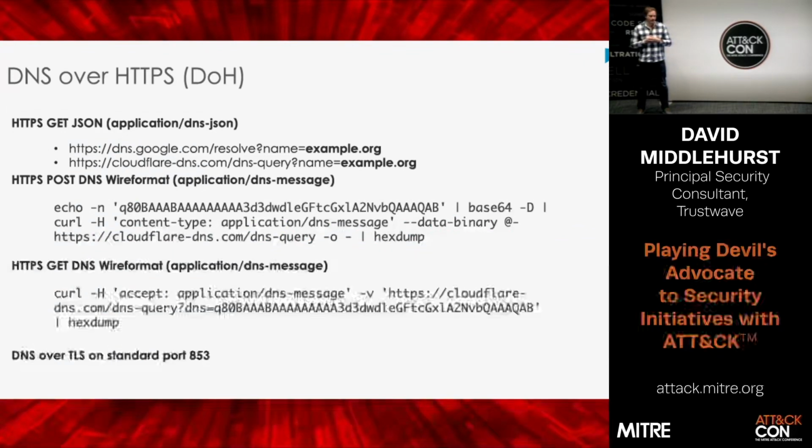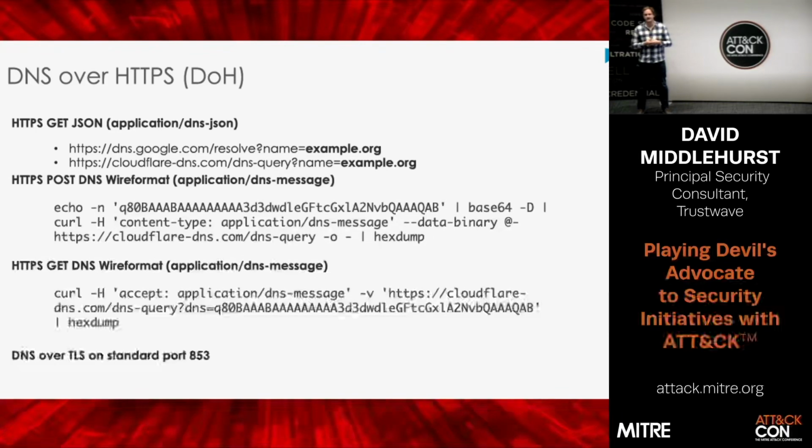So, okay, we want to transmit data via these mechanisms. What we need to do is understand how they work a little bit. So this is where I go a little bit more technical. There are different ways in which you can call them, but the most popular one in the standard is the one at the top, which is basically you make an HTTPS GET request with a parameter of your lookup name, and then that will go and get the DNS record that you've asked for.